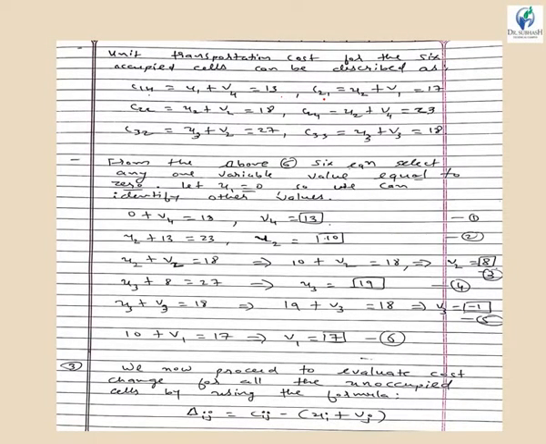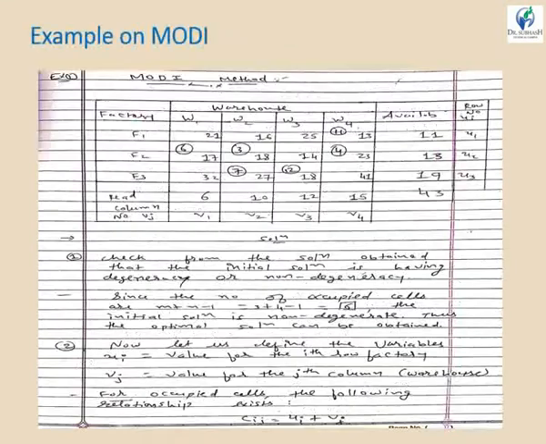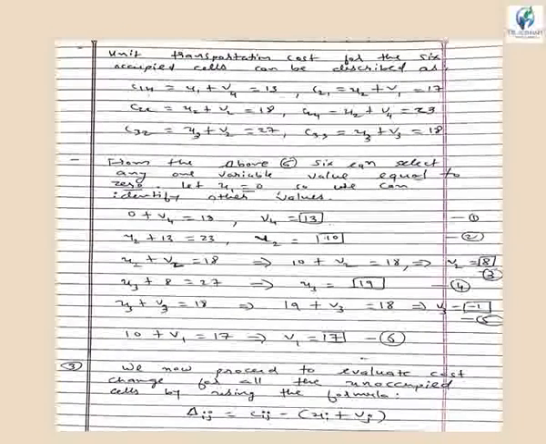Similarly for this C21, the unit transportation cost is 17 and it is equal to u2 plus v1. Similarly C22 is equal to u2 plus v2. C22 you can find from the second row and second column cell, that is this one, and that is 18. So u2 plus v2 is equal to 18.